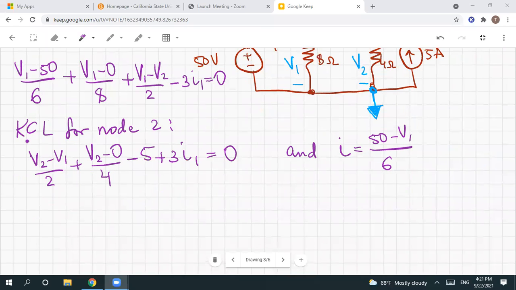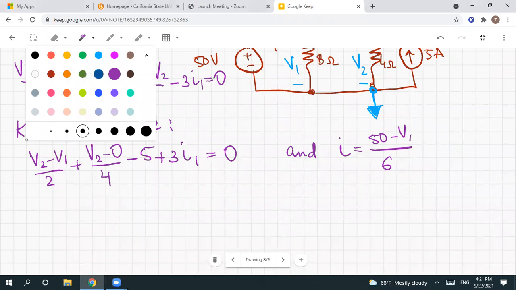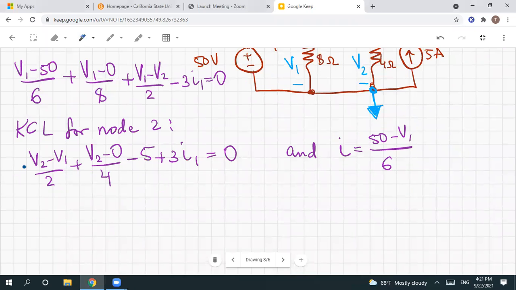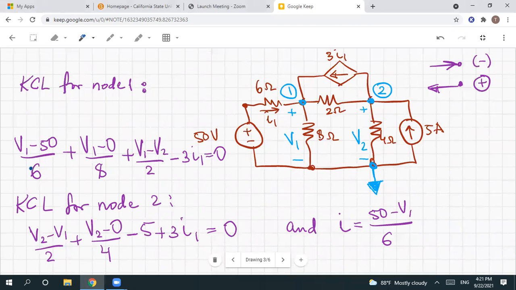Let me arrange these two equations first. From equation number 1, I will do 1 over 6 plus 1 over 8 plus 1 over 2 plus negative 3 multiplied by V1 over 6.